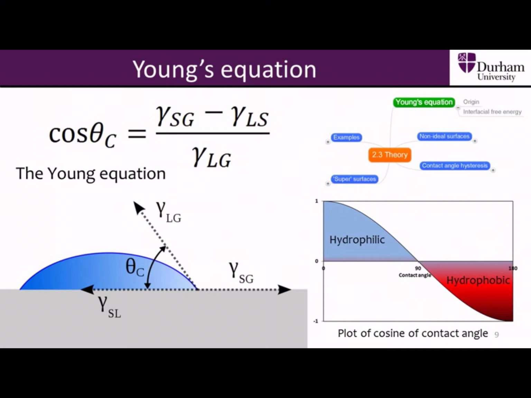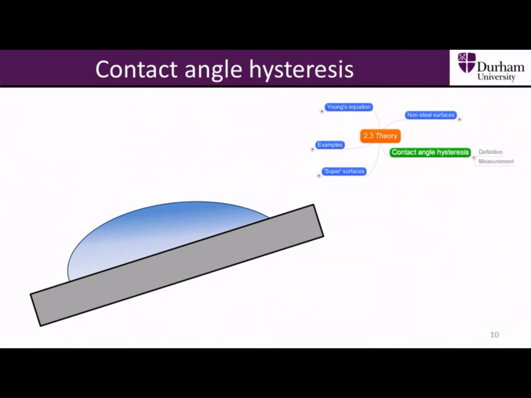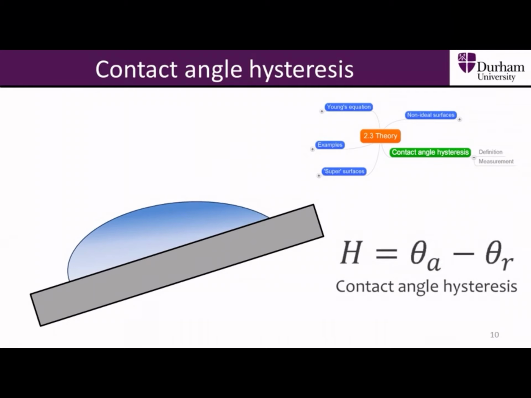In reality, no surface can be perfectly ideal, and it is the imperfections of the surfaces, such as topography and roughness, as well as the chemical composition, which determine how water droplets will behave. For non-ideal surfaces, Young's equation must be modified. We now need to consider the contact angle hysteresis, which is taken to be 0 in the ideal case.